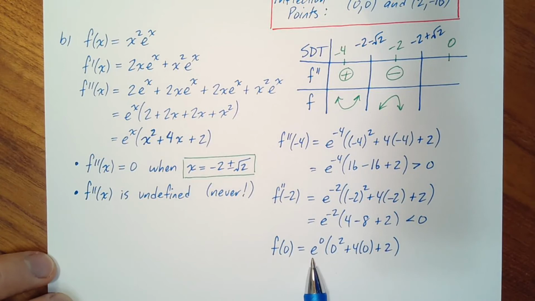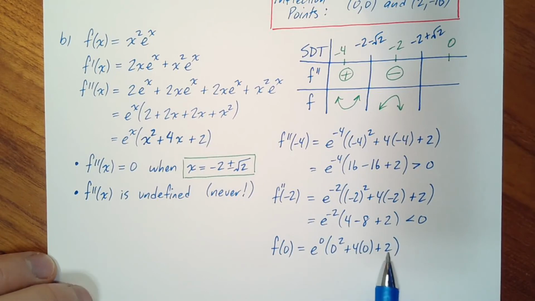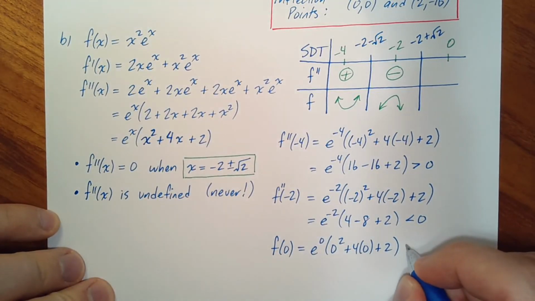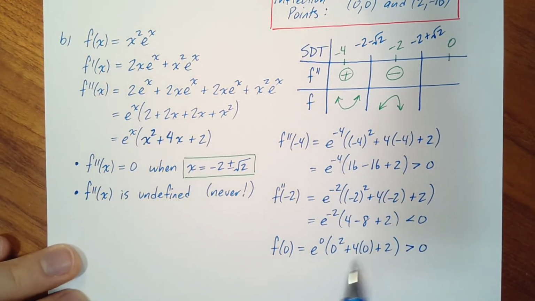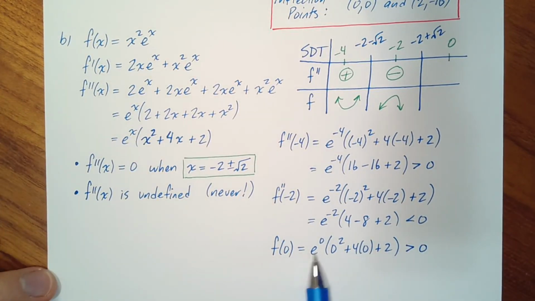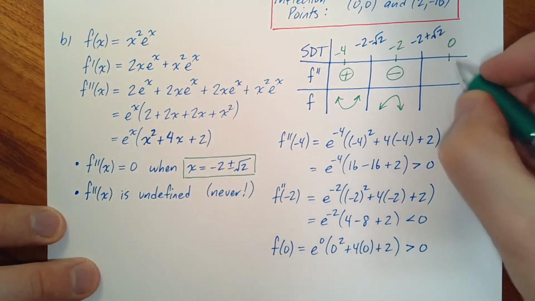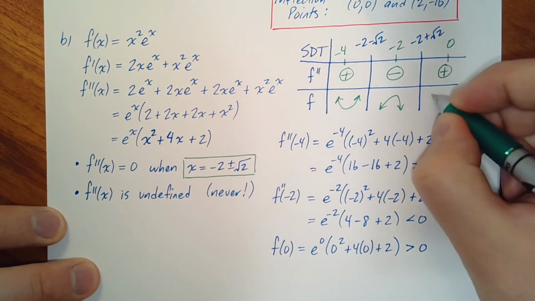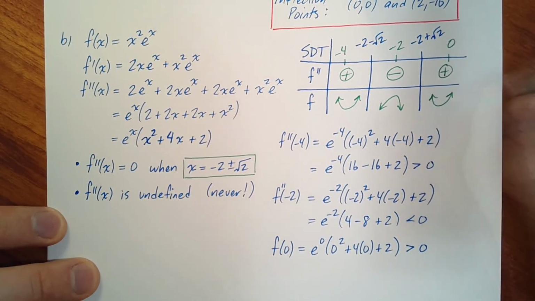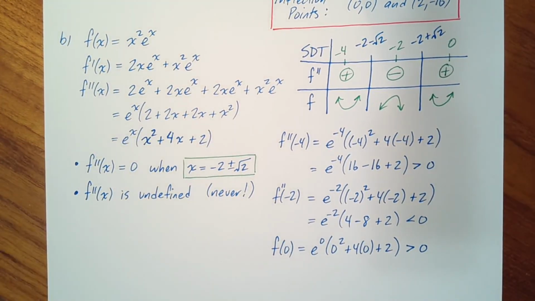E to the 0 is positive 1, but doesn't matter, it's just positive. That's all we care about. 0 squared plus 4 times 0, this is just 0, but then plus 2. So we got a positive and then positive 2. So this is actually going to be positive as well, because these just disappear. So you've got 1 times 0 plus 2. So it's going to work out to exactly 2, but the important part is it's positive. So we can say that that is how we can finish our table.